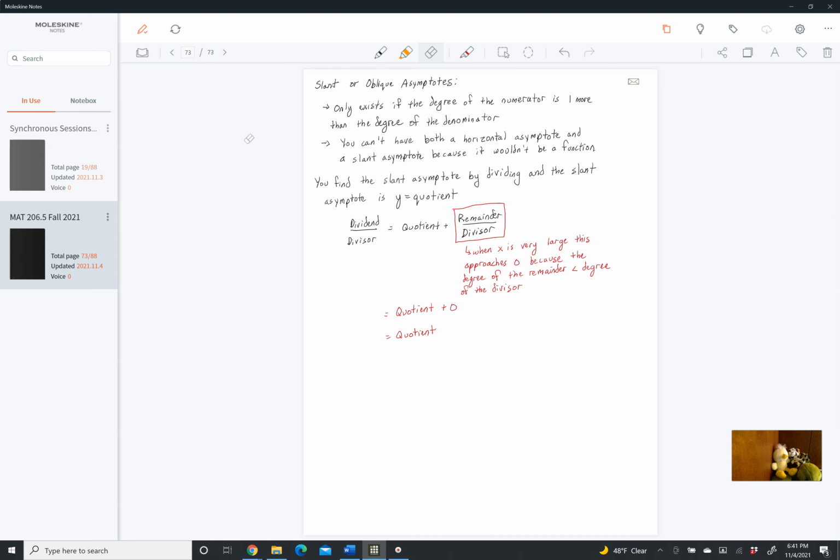Okay, so what we're saying is, as x gets very large, the dividend over the divisor approaches the quotient.